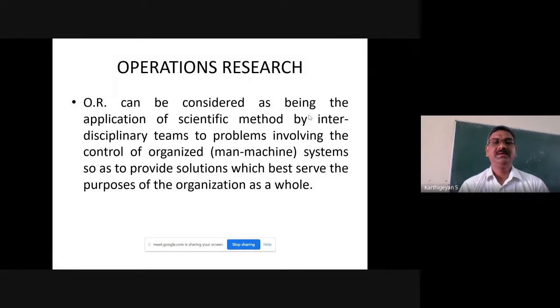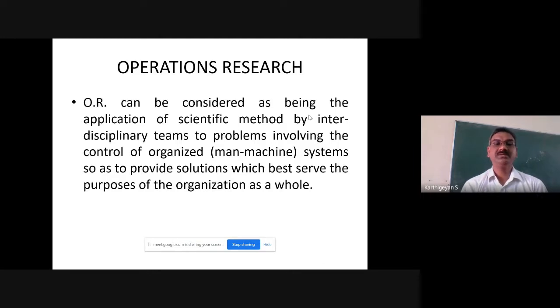Okay, ma'am. Now, the definition of operations research consolidated by Gupta and Hira. I have taken this from Gupta and Hira. There is no particular definition of operations research; every author defined it in different ways, such as Taha and Lieberman and so on. So this is the consolidated one.